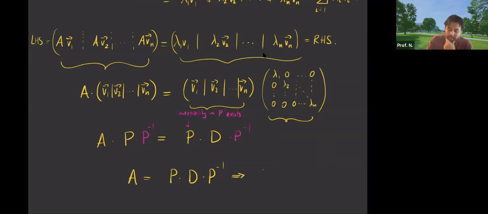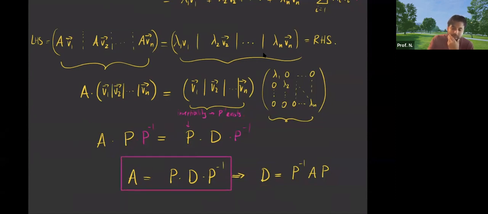I can also write this as the diagonal matrix is equal to P inverse AP. If I multiply by the inverse the other way, I get that the diagonal matrix is equal to P inverse AP. Do you guys see what I just did here? This is a factorization of A.